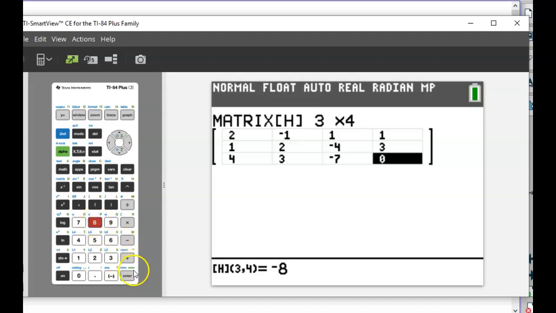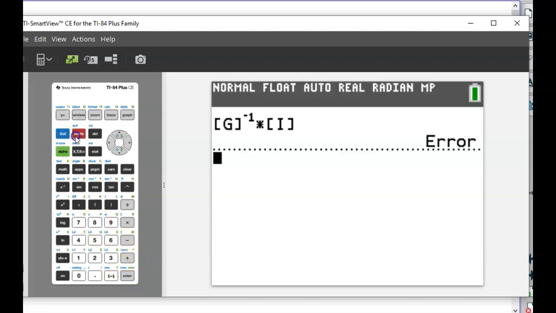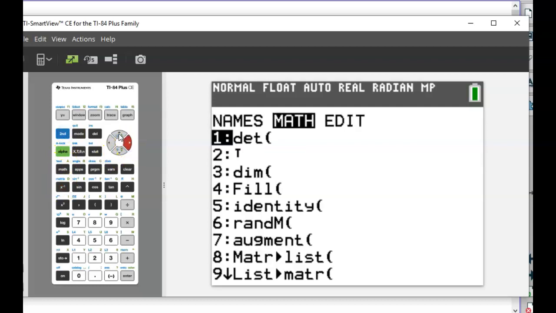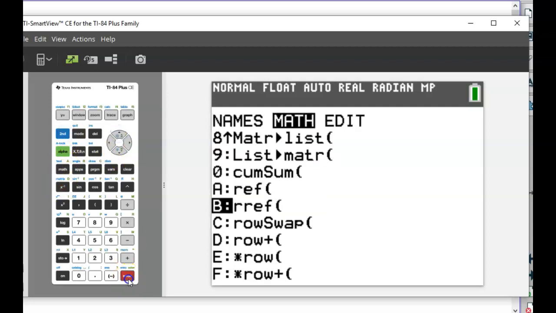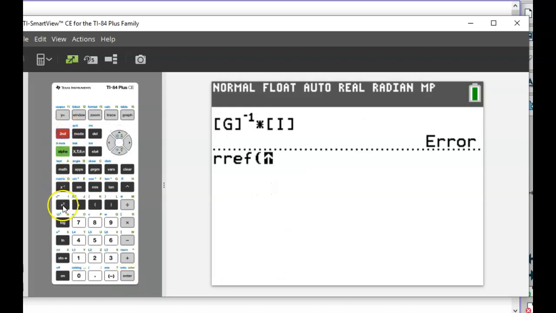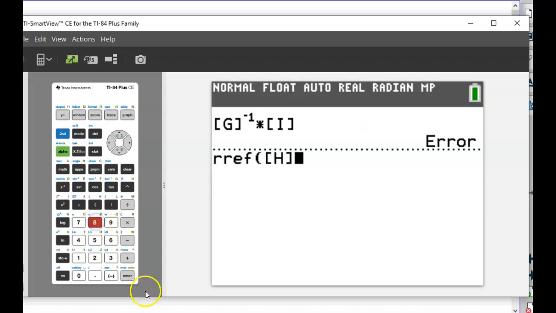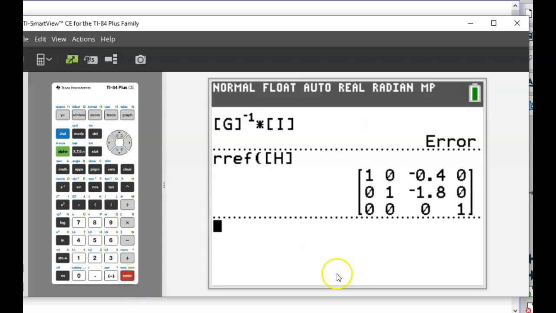Okay, mine is in H. Can you help me remember that? So if I go back to the matrix and go to math and up to RREF and H, right? Okay. This is what I got.